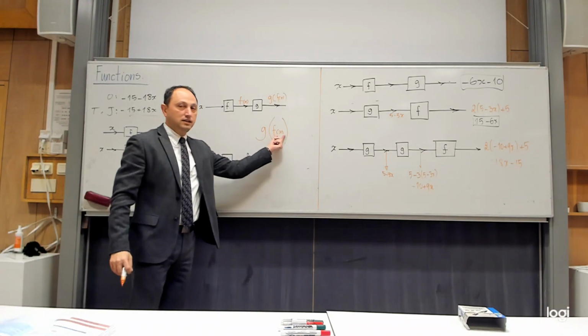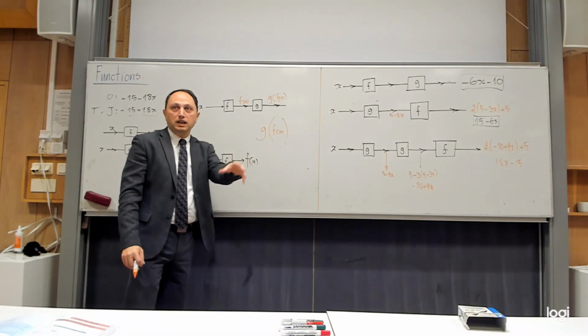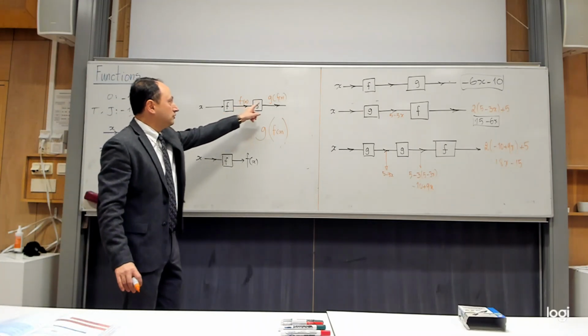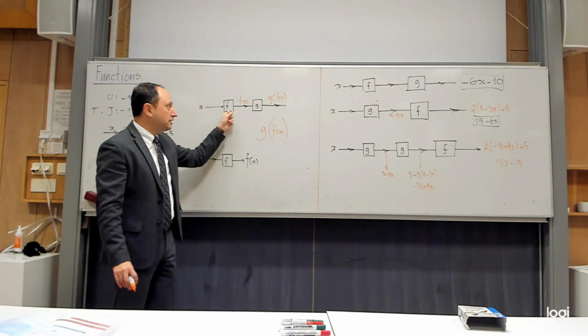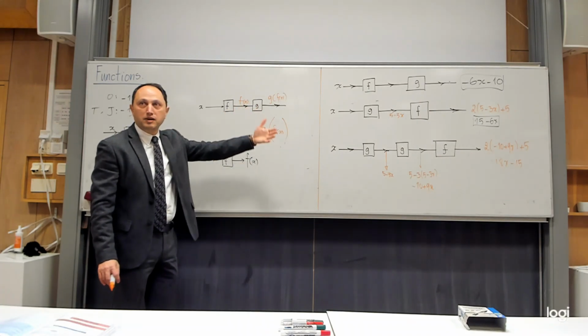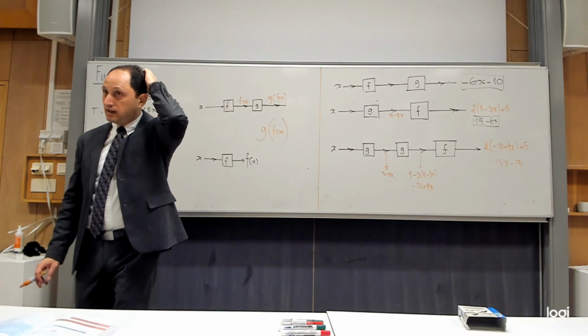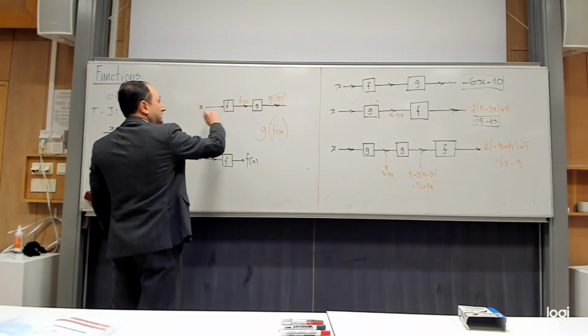This is called the inner function, and this is called the outer function. So the inner function should apply first, and this comes very natural. You see, you discovered it yourself. You apply f first and then g, but in mathematical language, it is g of f of x. Is that understandable?